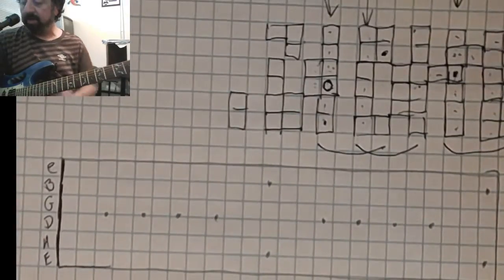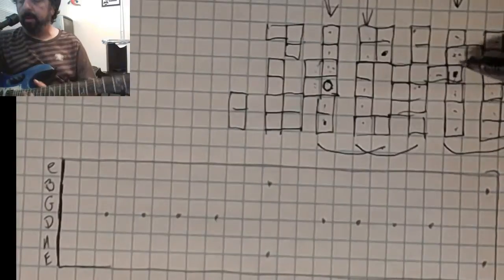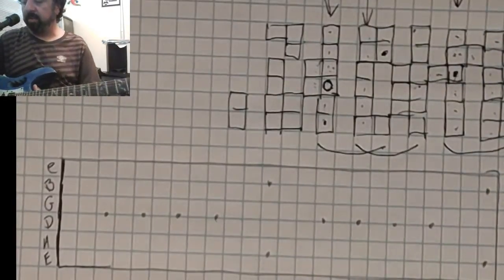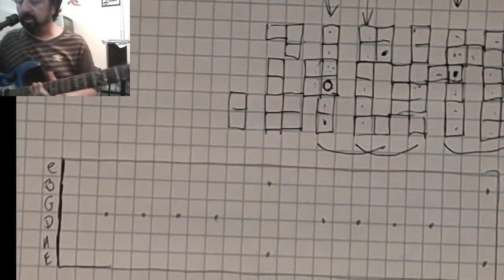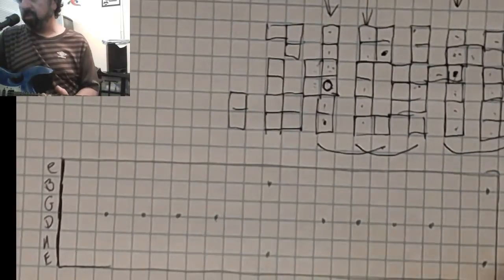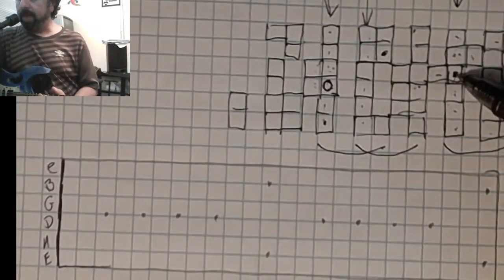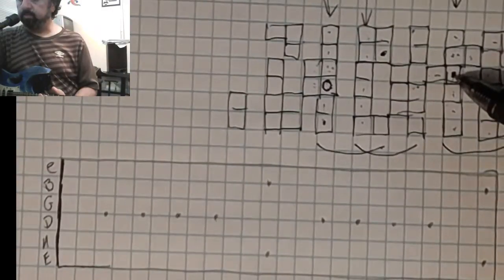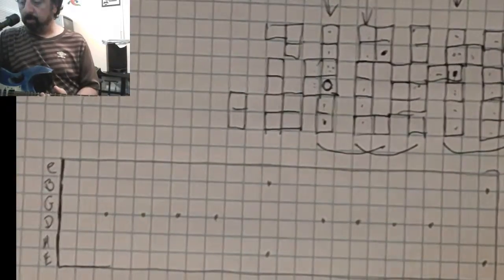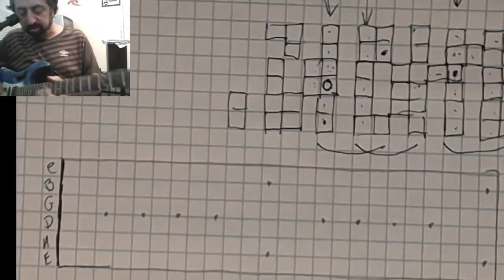We say parent scale because you can play modally by using these parent scales, but accentuating other notes in the scale as drones or pedal tones. So what we have here is G. We're on the G string.